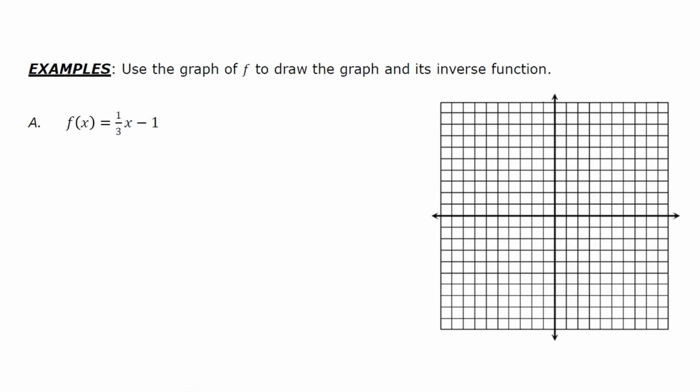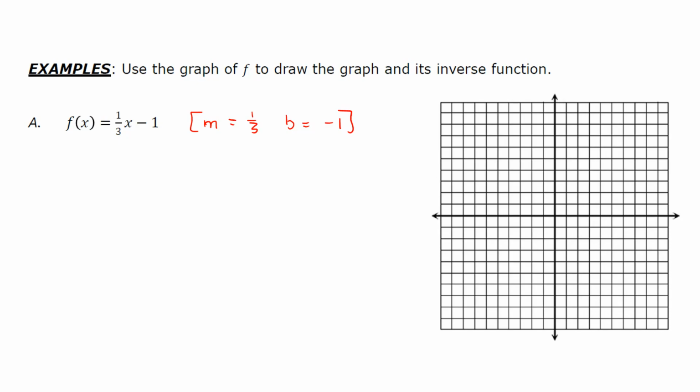Okay. All right, so let's do some examples here where we're asked to graph f and its inverse on the coordinate plane. Okay, so we have the graph of f of x here. Now, there are many ways to do this, and I see here that f of x is written in the form y equals mx plus b. So I know my m is 1/3 and my b is -1, which is my y-intercept.